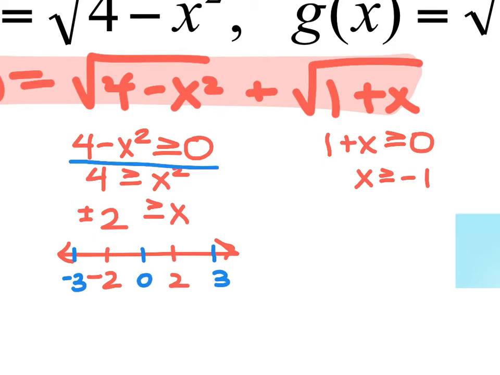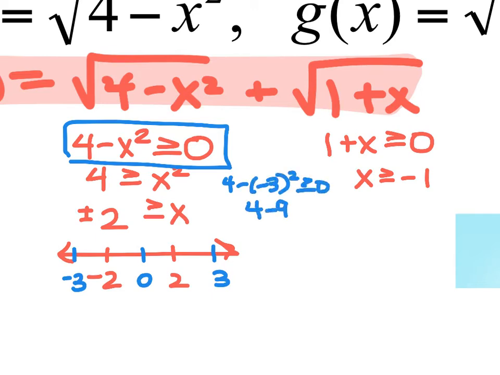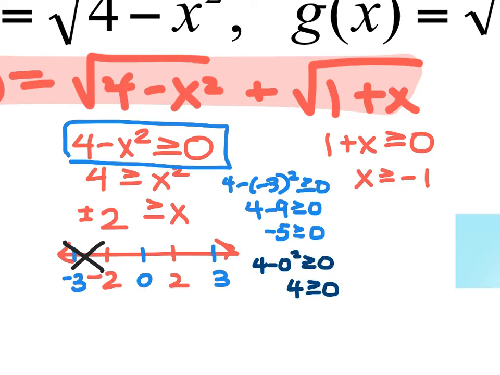So if I plug them back into my original up here, I'd get 4 minus a negative 3 squared, which is 4 minus 9, is negative 5. Is that greater than or equal to 0? No, so it is not that range. It's not going to work. So then I plug in a point from the middle. 4 minus 0 squared should be greater than or equal to 0. 4 is greater than or equal to 0. Does that work? Yeah. So this is going to work in here.